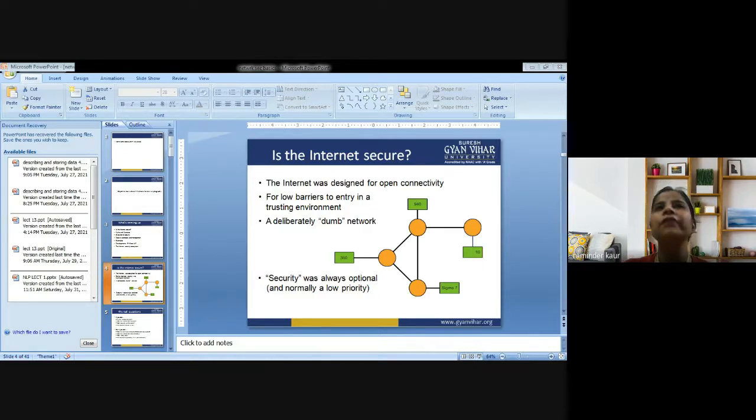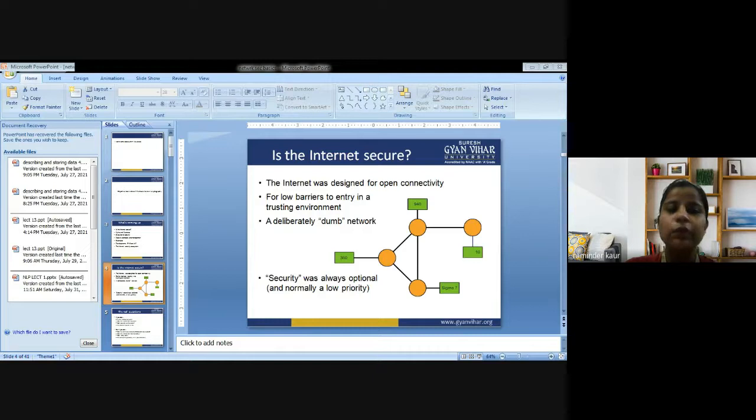I could say that only if there are security measures behind it that are being followed. On that basis, I could say that the information or communication I am doing over the internet is quite secure. So the same is the question here: is the internet secure? That is the major question.